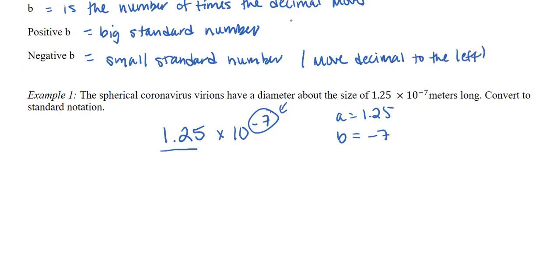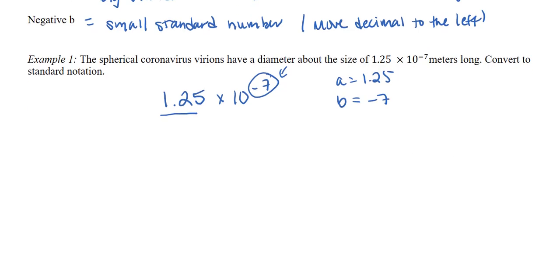And if we have a positive b, we're going to move the decimal to the right. So if we have negative 7, that means we're going to move the decimal 7 times to the left.